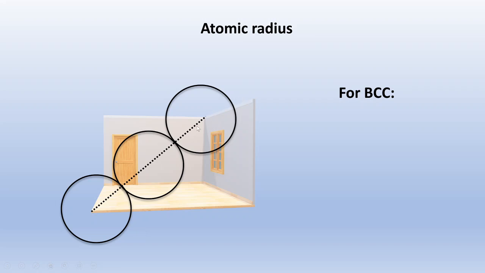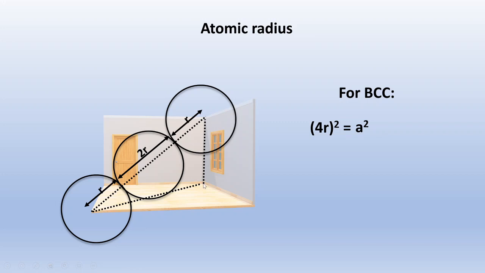To calculate this, we know that this straight line is R plus 2R plus R, same as FCC. Now to calculate R in terms of A, we need to know this side and this side. We know that this side is A and this side is 4R. So we can write the Pythagoras theorem, because we already know that this is 4R square, which is equal to A square plus this, and this is again a diagonal as we calculated in FCC.